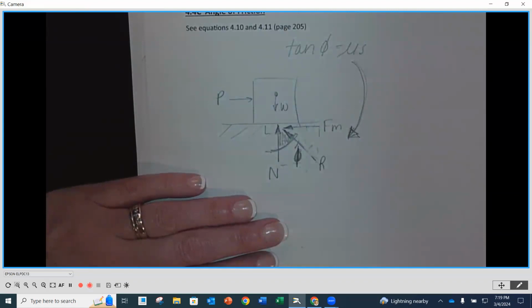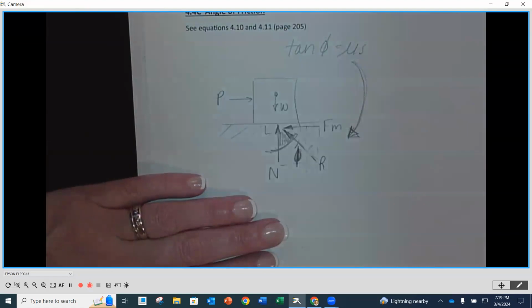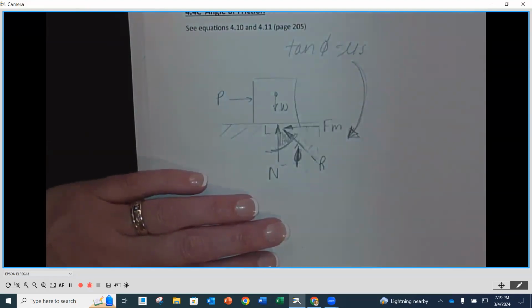That's going to be our phi, and that is the numeric value of the coefficient of friction. Now, we aren't going to be using that necessarily in our problems, but if you're wondering what your coefficient of friction is, by experiment, you can figure it out using the tangent of that angle.